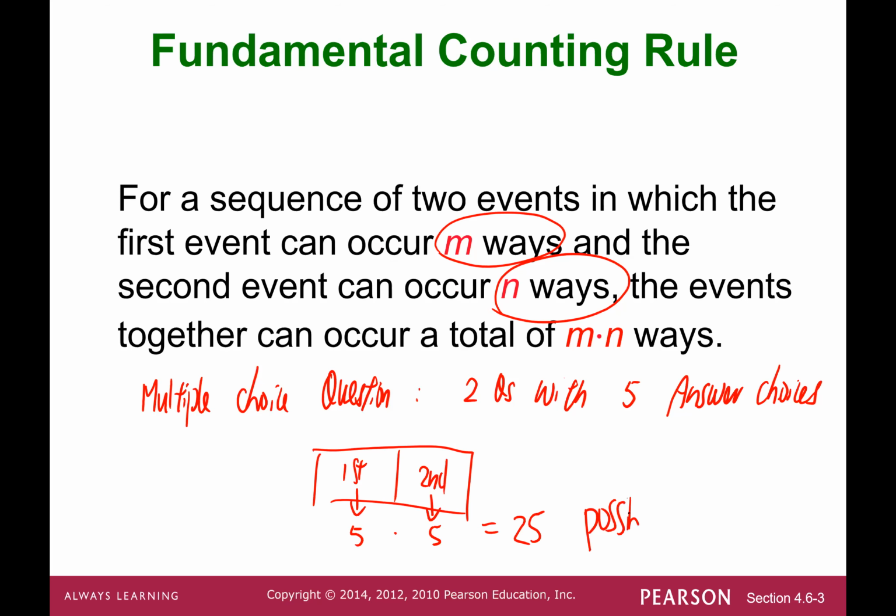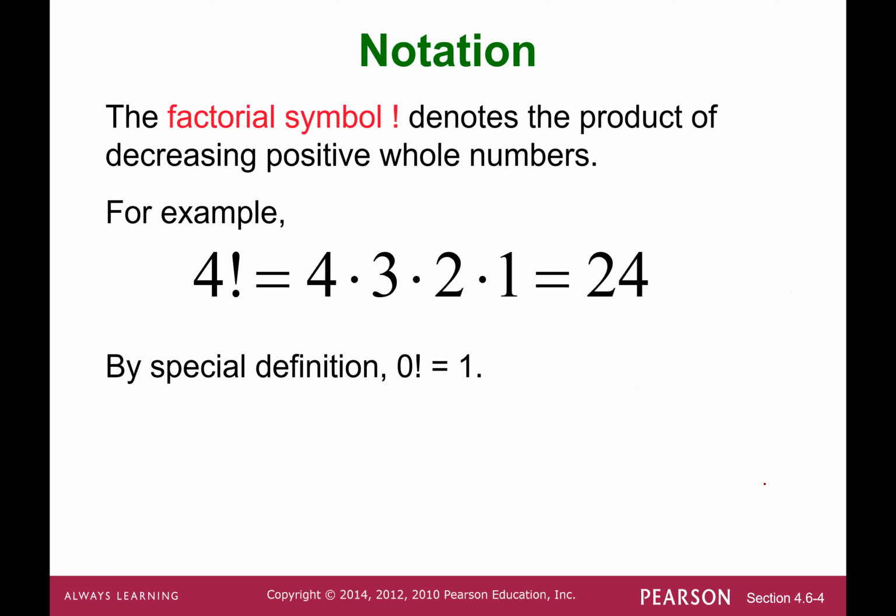But it's convenient to use the fundamental counting rule to get the overall number of possible outcomes, which is 25. Okay, a very simple example to elaborate on this.